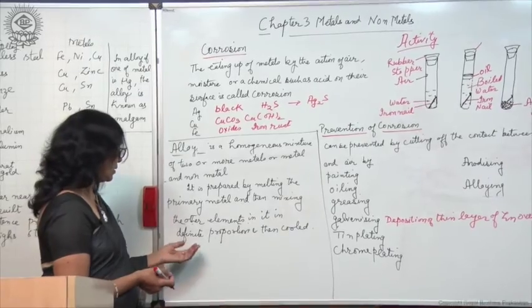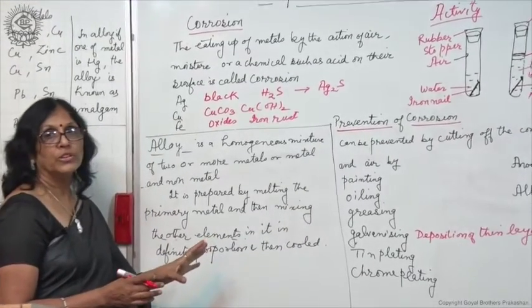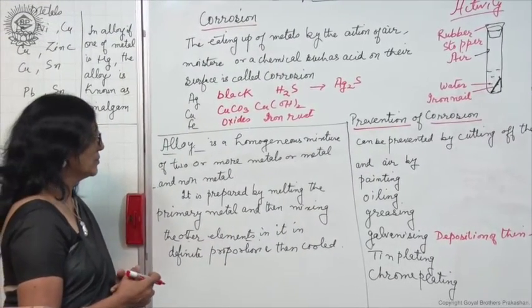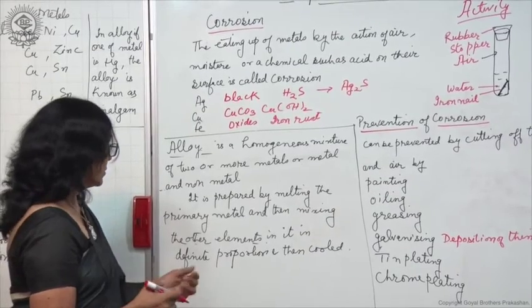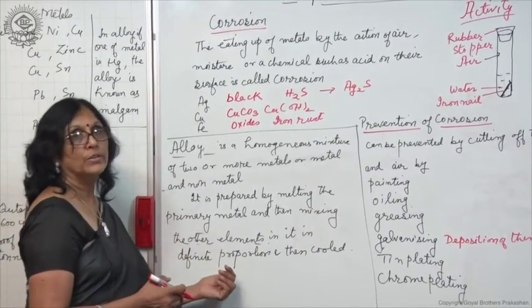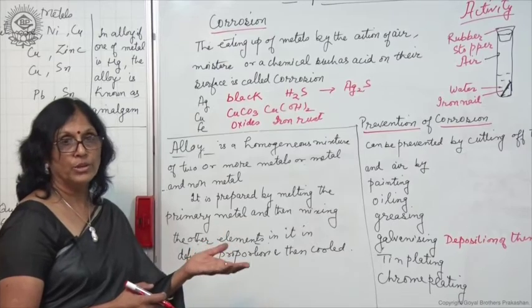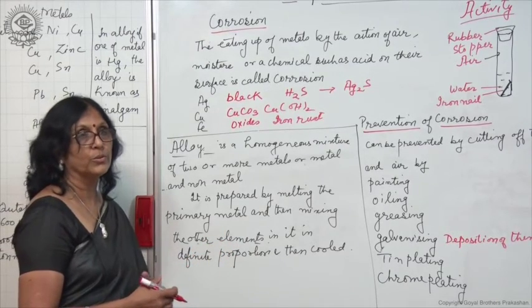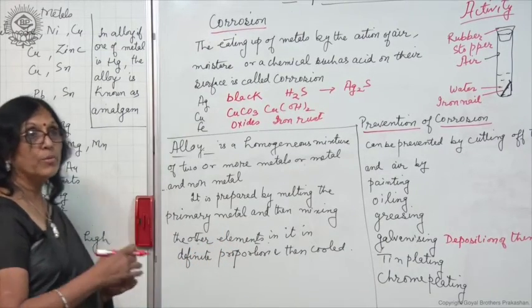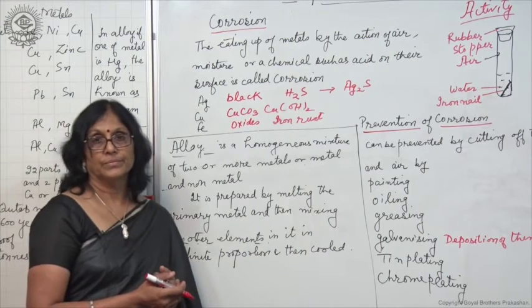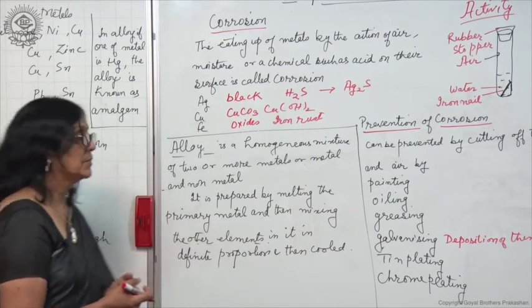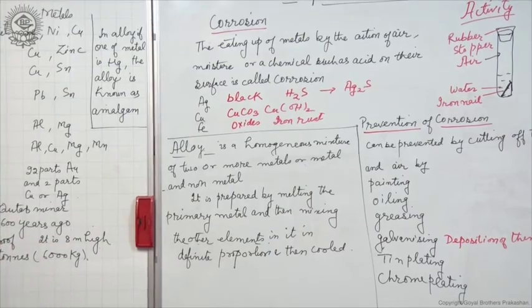The mixture is then cooled to make the alloy. So, various alloys are made, not only of iron, but of aluminium also, copper also, gold also, which improves the properties of the metal, and not only prevents corrosion, but improves its properties.